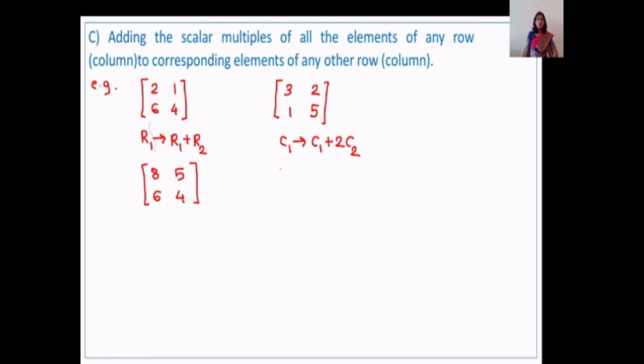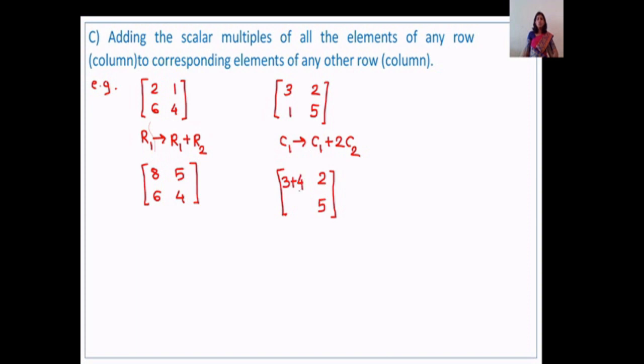So what is our answer? There is no change in C2, so we write C2 as it is, that is 2 and 5. Now C1: the first element of C1 is 3, plus 2 into C2, 2 into 2, that is 4.